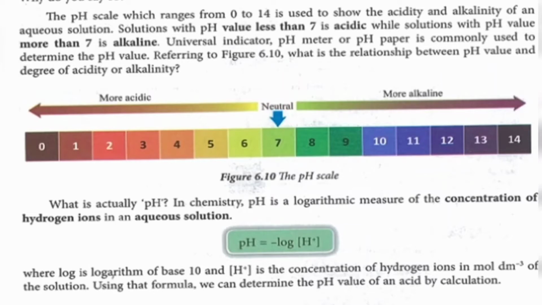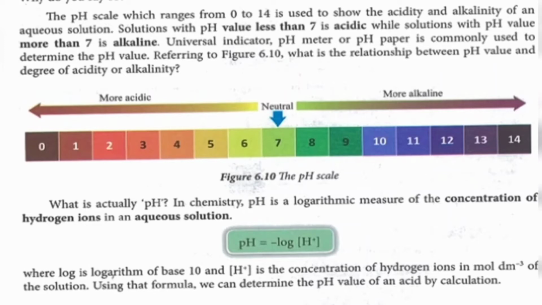Okay, and then solution with pH value less than 7 is acidic, and pH value more than 7 is alkaline. Okay, universal indicator, pH meter or pH paper is commonly used to determine the pH value.